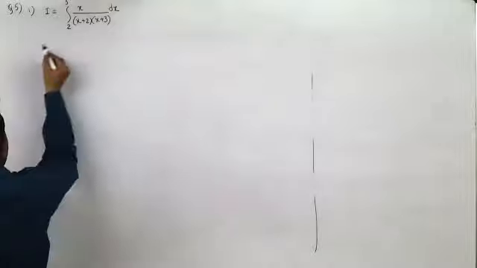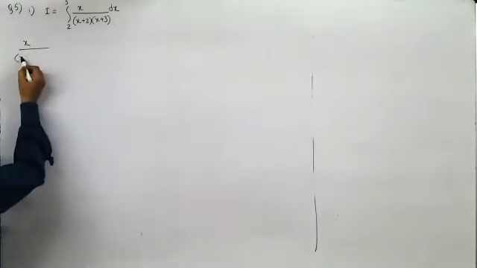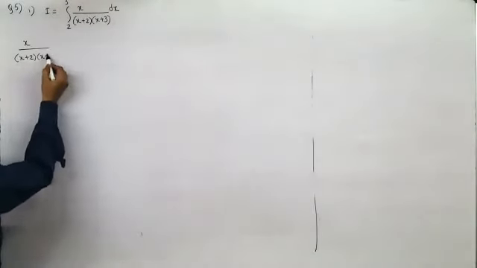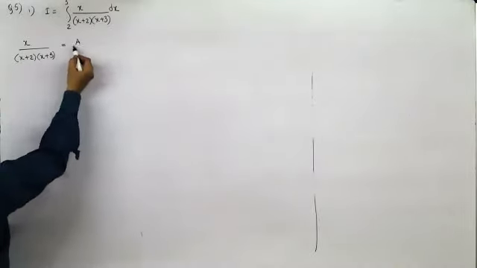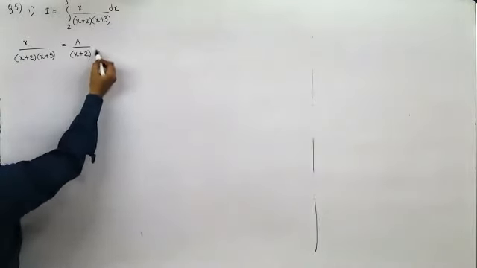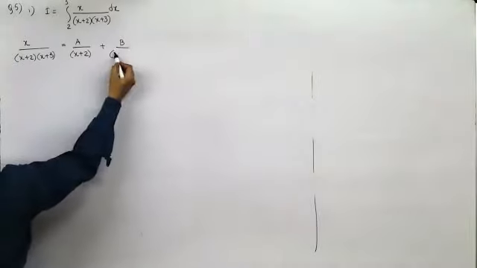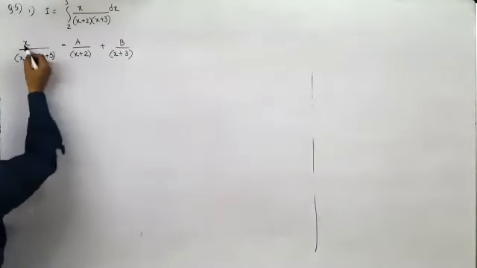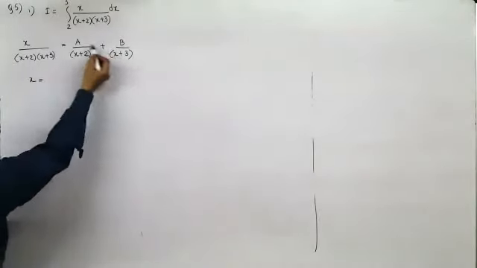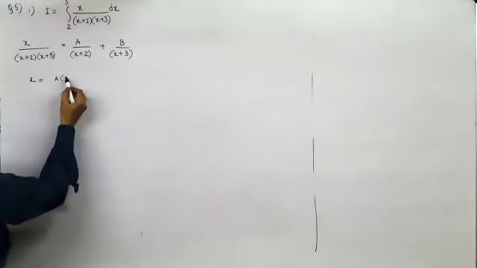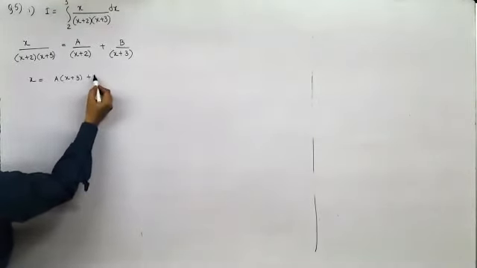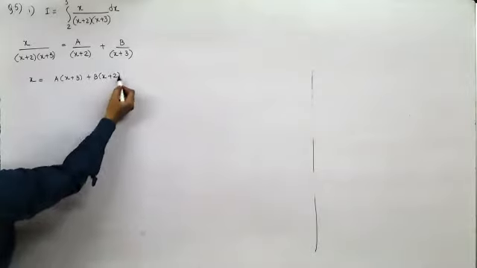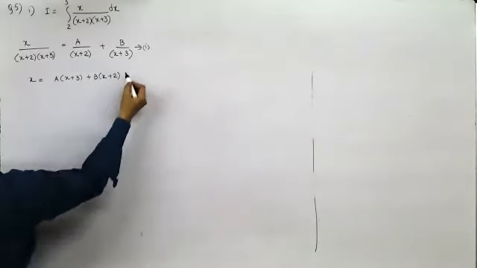Now, if you observe here, I'll write x upon x plus 2 into x plus 3 is equal to a upon the first term plus b upon the second term. Now, x equal to, I'll take LCM over here, I'll get a into x plus 3 plus b into x plus 2 and the denominator gets cancelled. This is 1, this is 2.